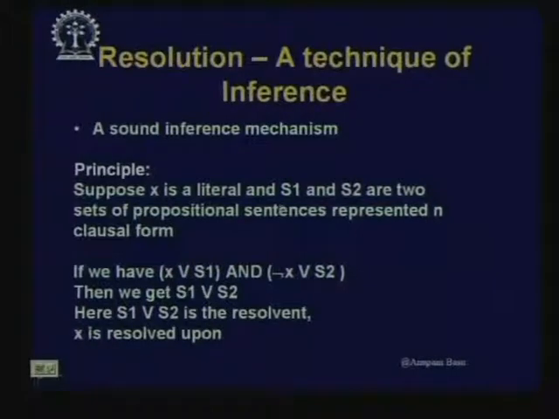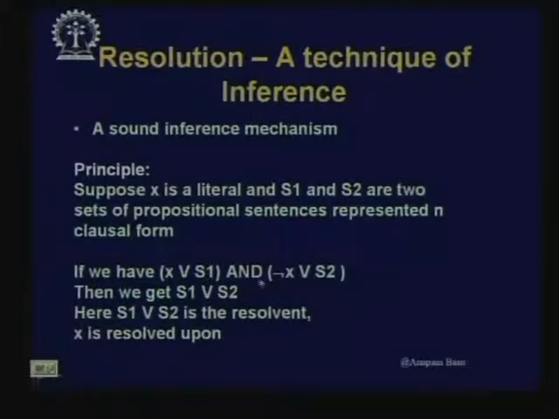So, suppose X is a literal and S1 and S2 are two sets of propositional sentences which we have represented in the clausal form. If we have X or S1 and not X or S2, then we get S1 or S2. This is a revisit; we have already shown the same slides while discussing the propositional calculus.